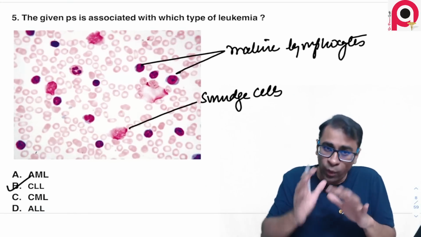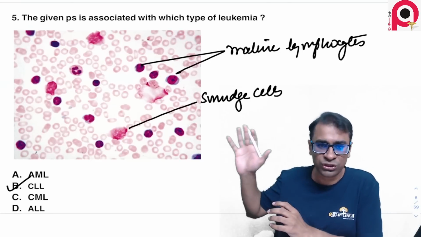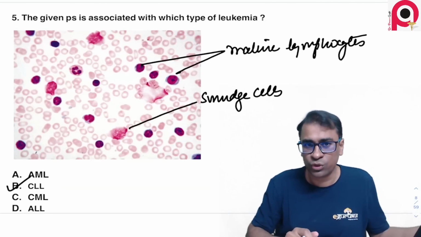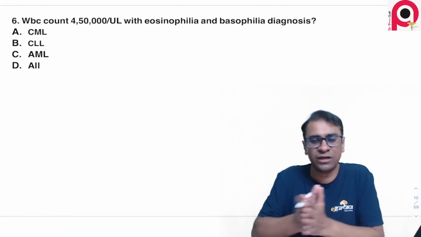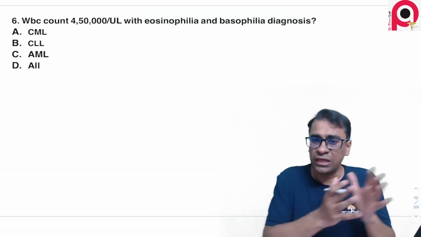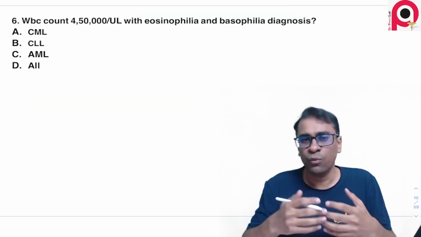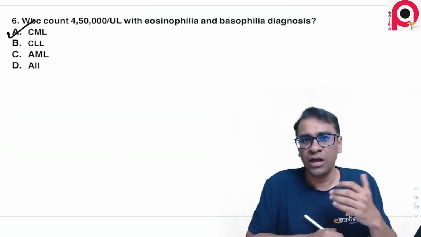Okay, so one more question given to you was for CML. Please don't confuse this question with the other question. A white blood cell count of 4,50,000 was given, sir, with eosinophilia and basophilia, and diagnosis was asked. This answer surely becomes a case of CML, chronic myeloid leukemia.